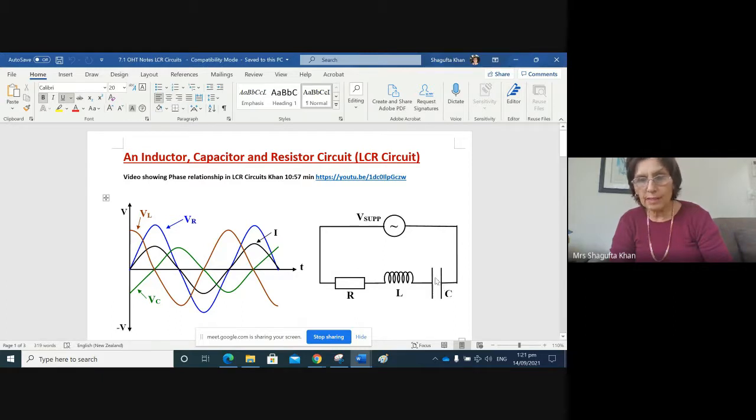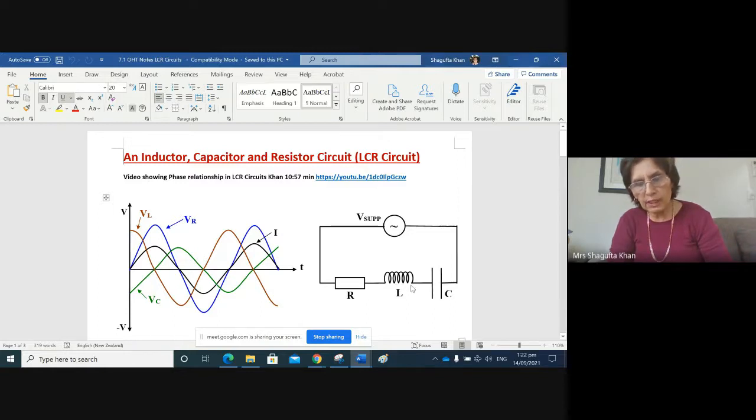So that means XC is inversely proportional to the frequency. It will have higher reactance at lower frequency and vice versa. This one is directly proportional to frequency, its reactance. So if frequency is higher, it will have greater reactance.